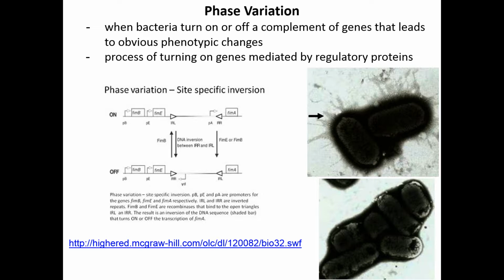Here all the genes of interest are being transcribed in this direction, so everything's being turned on. But you can take this portion here and invert it so it's going in the opposite direction, and basically this part of the pathway gets turned off.